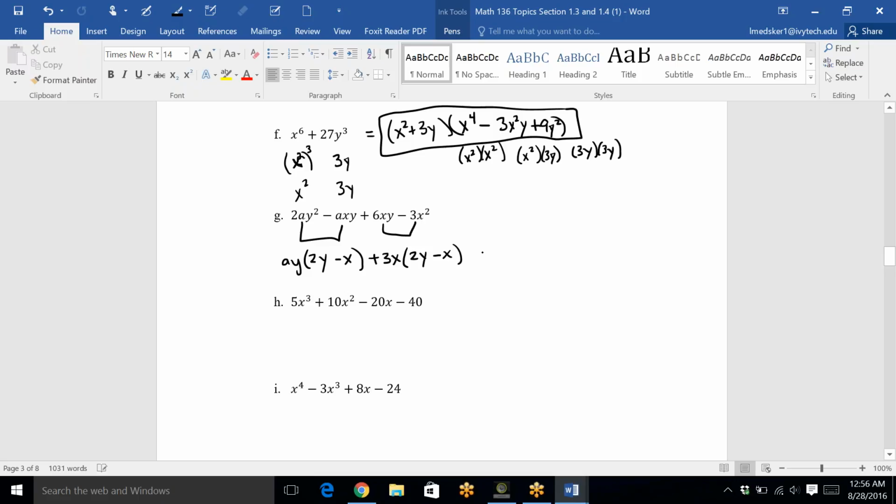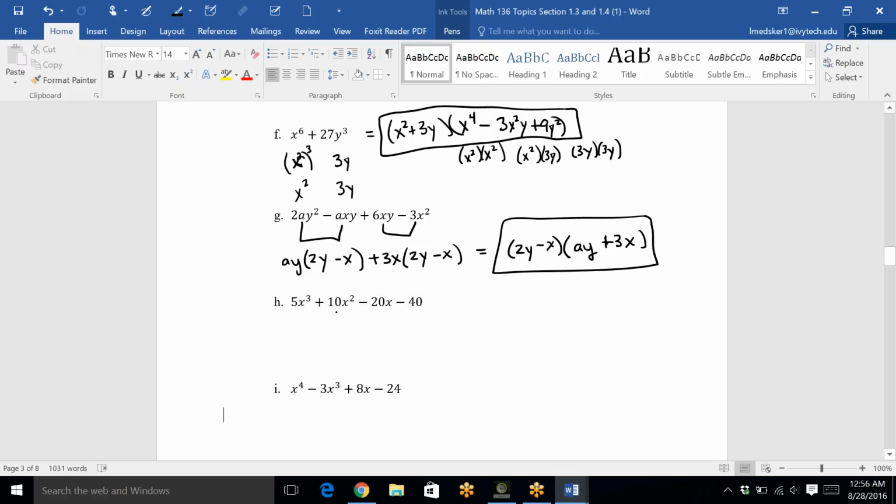Because you get a matching binomial in the parentheses, that match is one of my answers, and the parts in front of each of those is my second part. And again, it doesn't matter which one you write first. My typical go-to is to write the one that was a match first, but it doesn't matter.